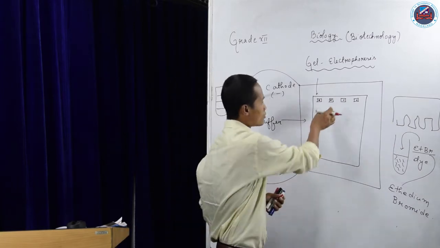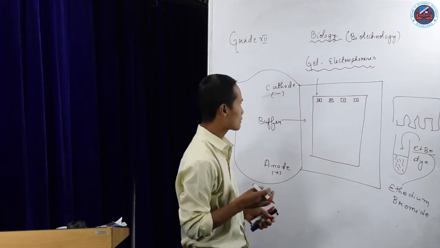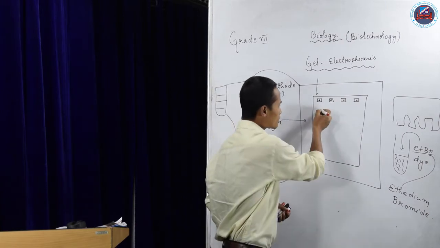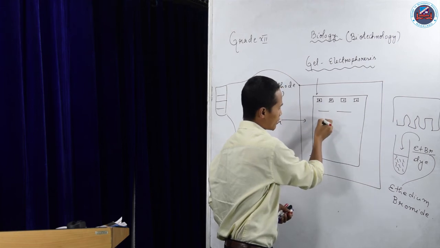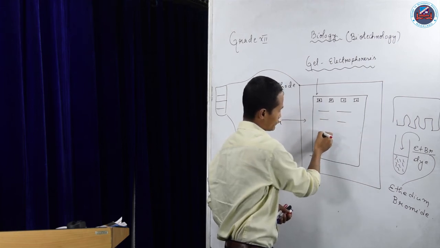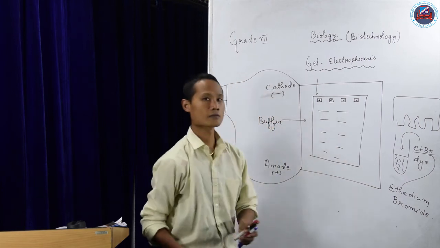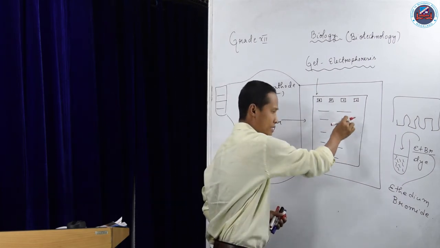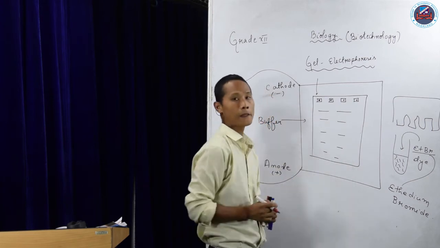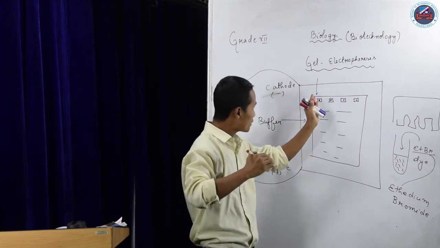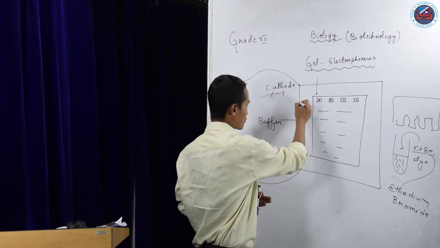So when it is run in this gel electrophoresis machine, just say that these are large fragments and these are small fragments. The negative charge will move towards the positive charge, right?